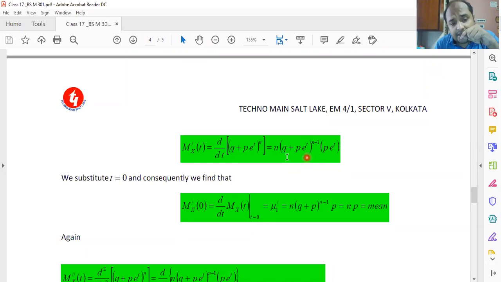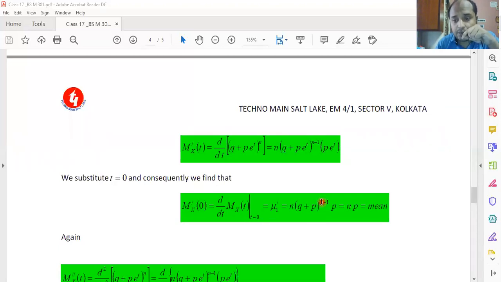After this, if we substitute t equal to 0, by the theorem discussed above, we will get Mx dash 0 as mu 1 prime, and that will be n into q plus p whole thing to the power n minus 1, p. But q is the probability of failure and p is the probability of success, so q plus p will be 1.